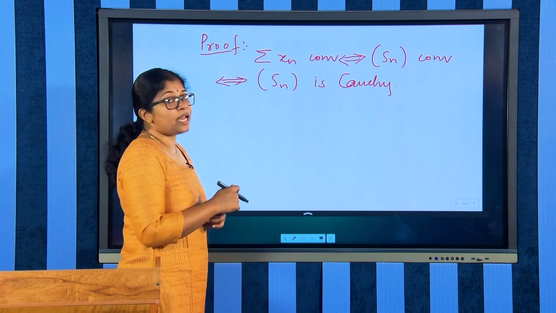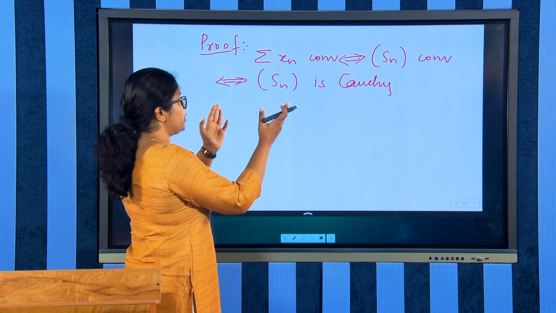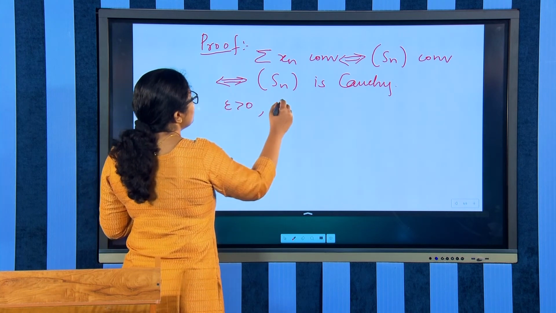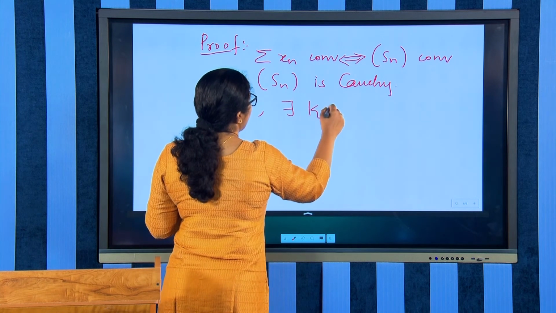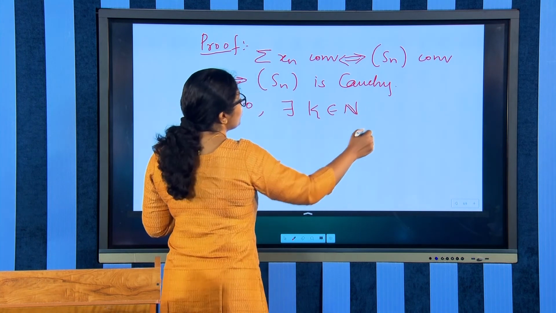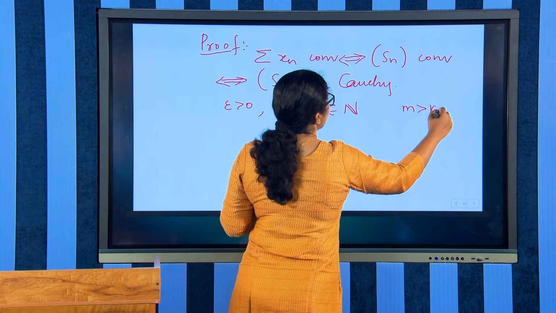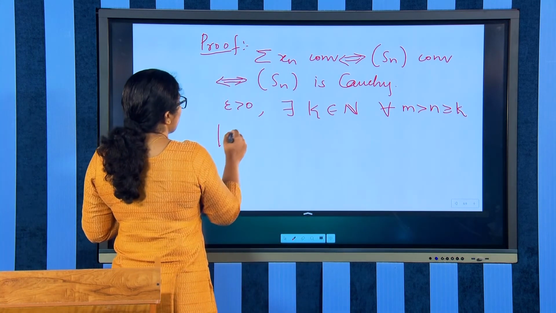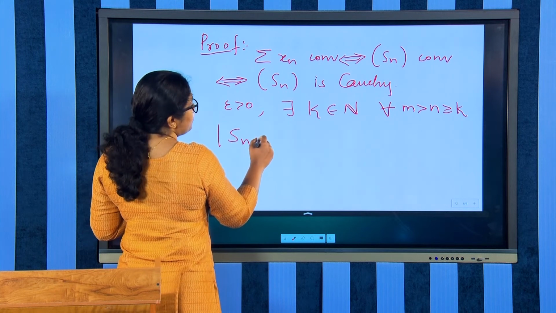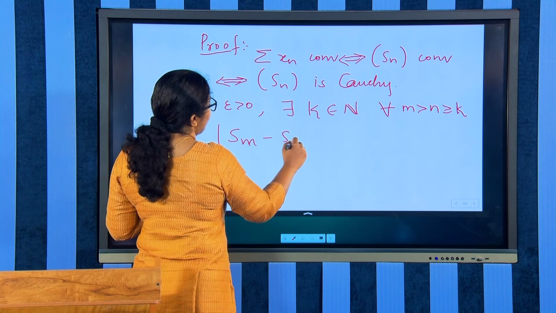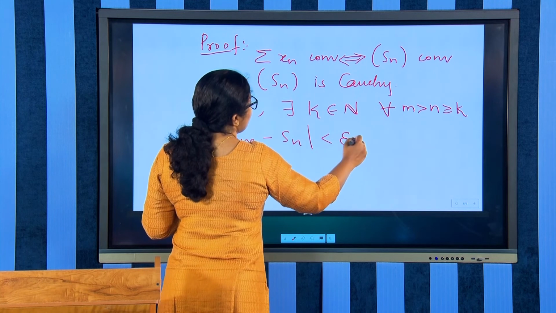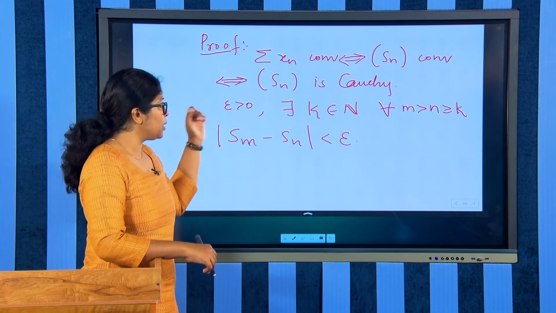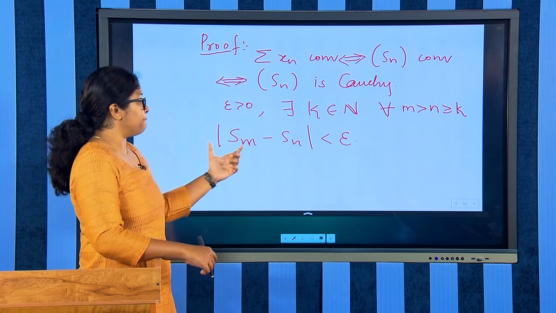Now, what is the definition of a Cauchy sequence? Given epsilon greater than 0, there exists a natural number K such that for every m greater than n greater than or equal to K, modulus of Sm minus Sn is less than epsilon, because the sequence Sn is Cauchy. So, what is Sm?